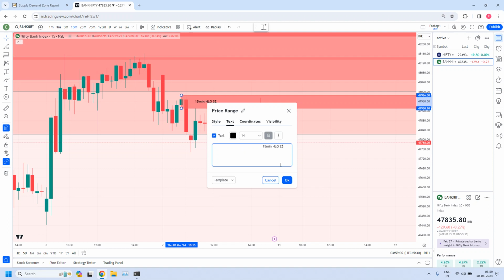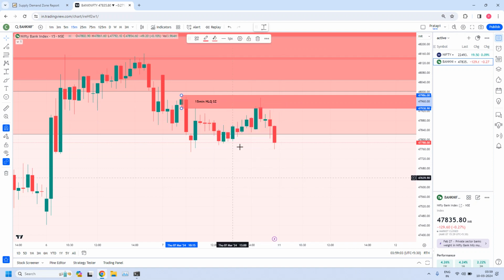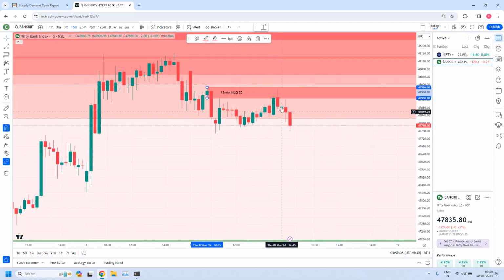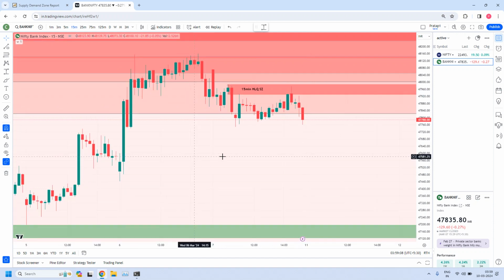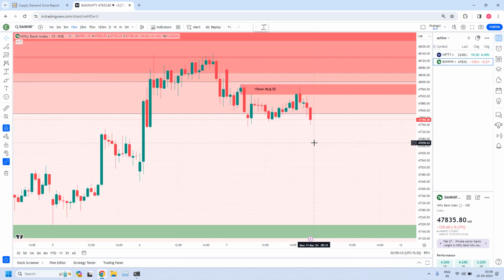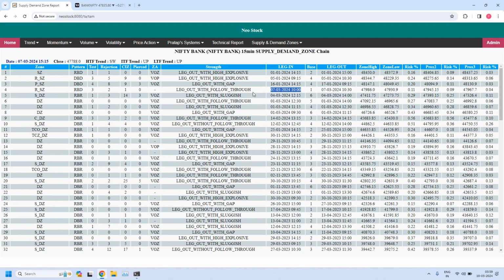This is the 15 minutes high liquidity supply zone. And there is one more. This is on 5th January.